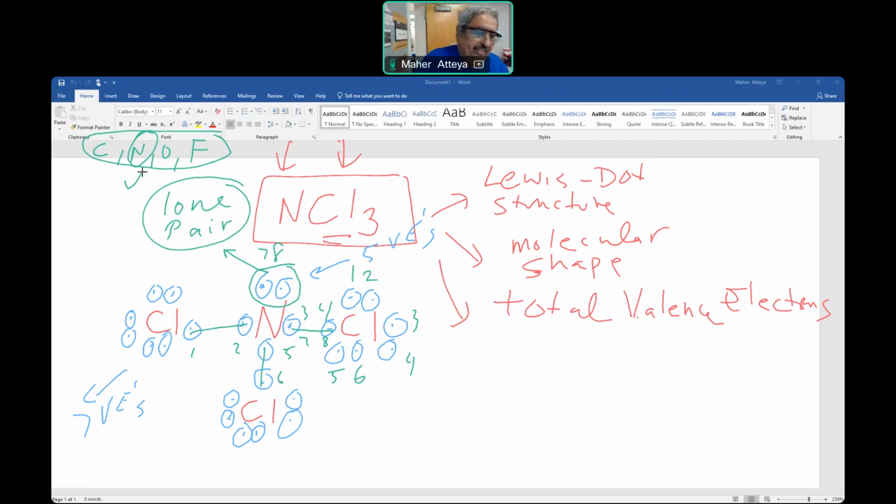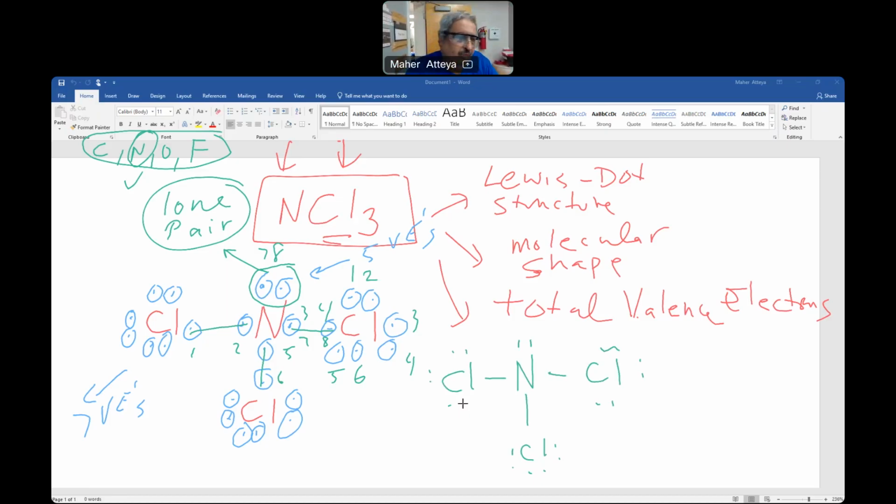So this is now the correct Lewis dot structure, NCl3 with the lone pair, and surrounding each Cl there are 6 more electrons.